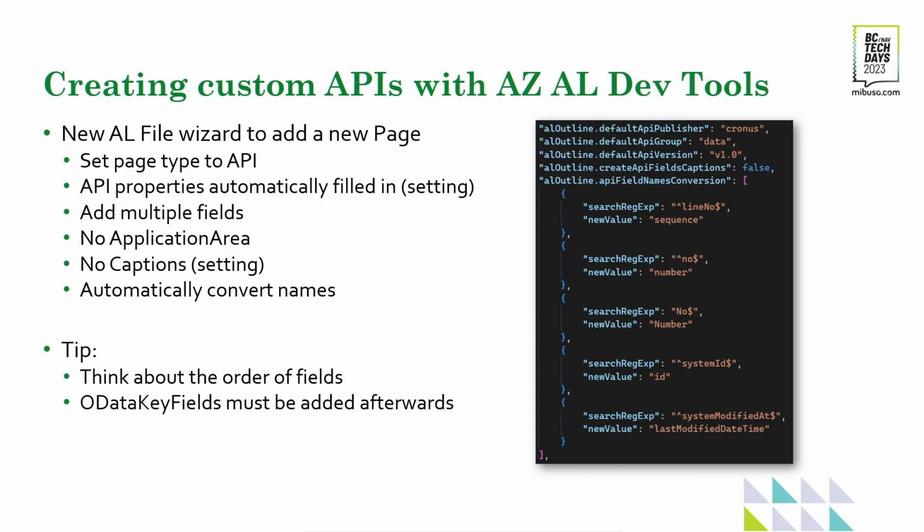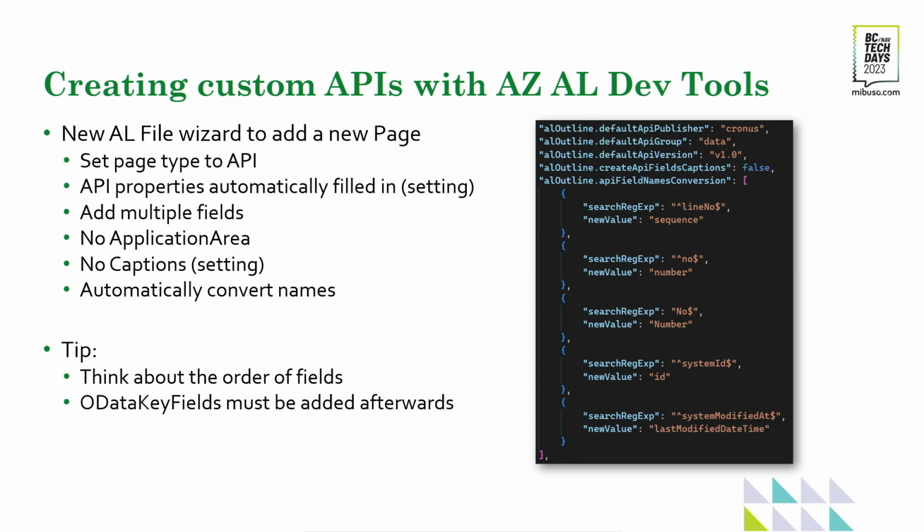And the nice thing with that is that you can fill in some API properties automatically. As you see here on the screen, we have the default API publisher, a default API group, and a default API version. So with these three, you don't have to type them in.